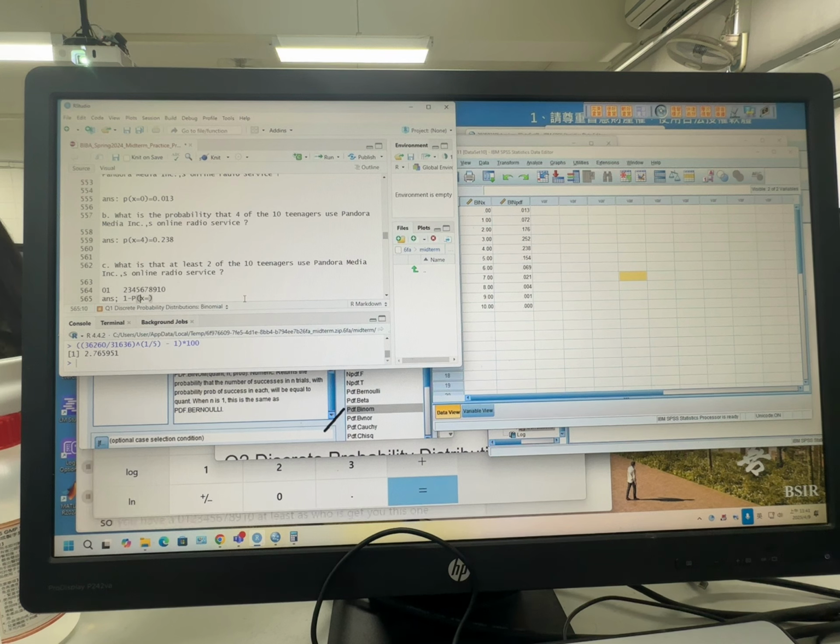So if you subtract P equal to 0 and P equal to 1, you get the same answer. So it's 1 minus 0.013 minus 0.072. That's the answer. That's the complement for probability. Okay, this is at least 2, so you are actually computing.